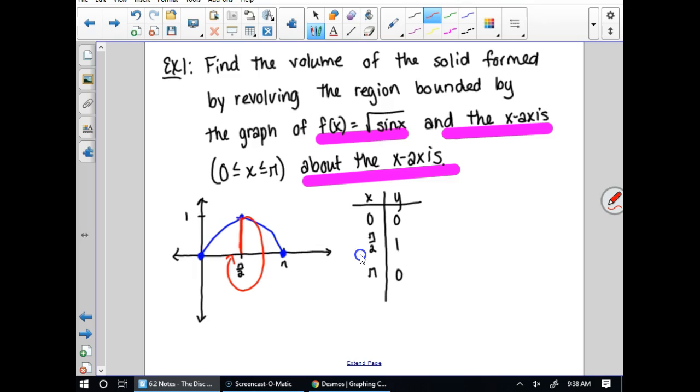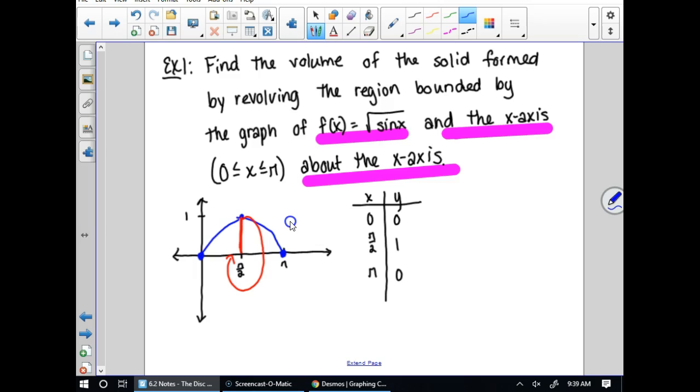This is called the disk method. Then you take the piece next to it, rotate it around and make a circle, and the next one, rotate it around and make a circle. So pi r squared gives you the area of that circle, and then integrating it from 0 to pi adds all of those circles together. All right?